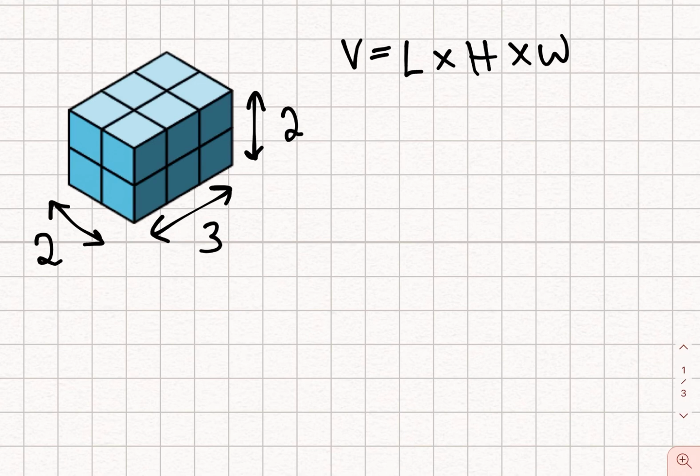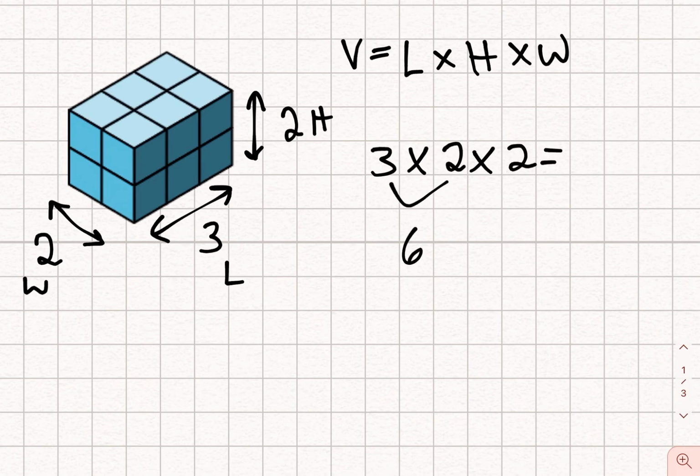All right, if you're done solving this, I'm going to go ahead and work through it. Let's see how this went for you. So here's the length, the height, and the width. So the length is 3 times the height, which is 2, times the width, which is 2. 3 times 2 is 6 times 2.